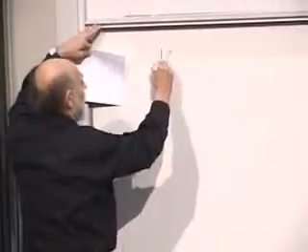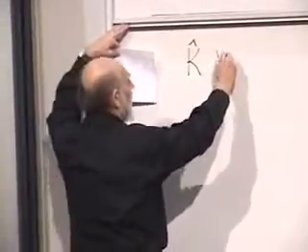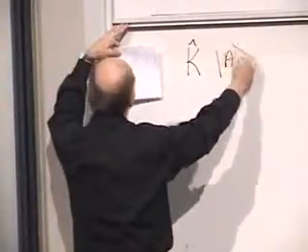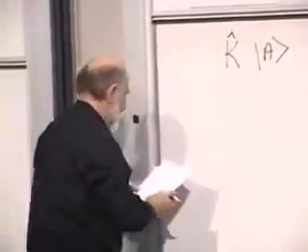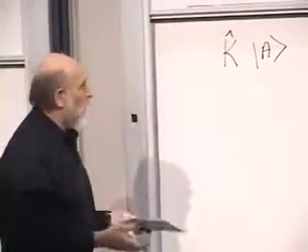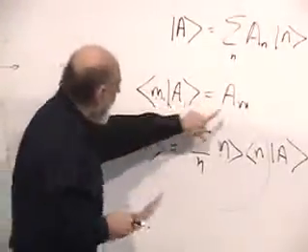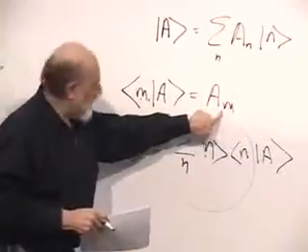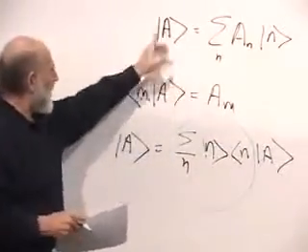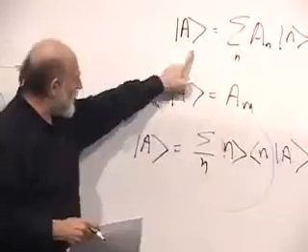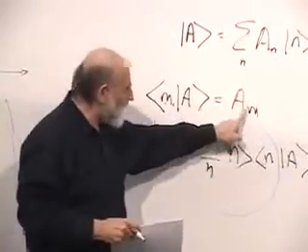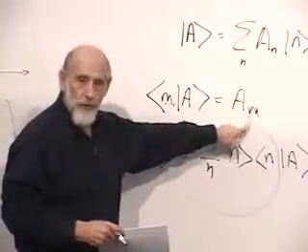Let's take K and apply it to A. One way of describing the vectors is just to describe them symbolically or abstractly as vectors, but another way is just to give the coefficients A sub m.